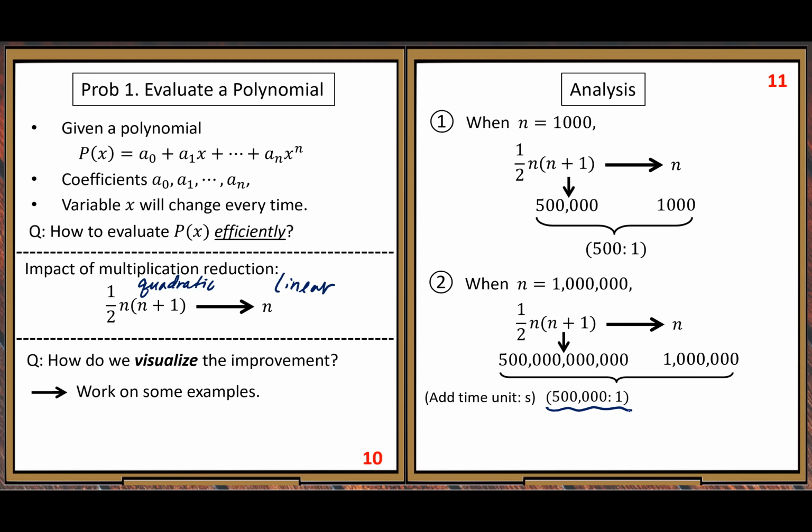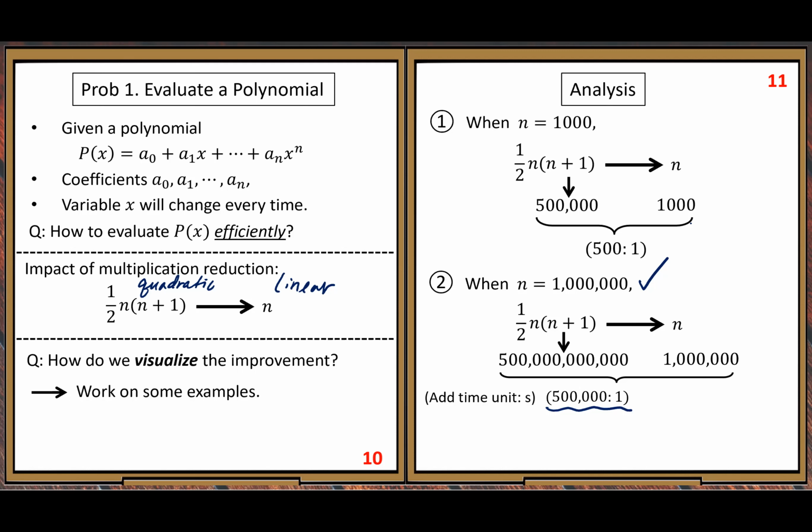We evaluate a polynomial with this big degree, 1 million degree, in 2 different algorithms for the evaluation. The first algorithm, we use the old way. Second, use Horner's rule.